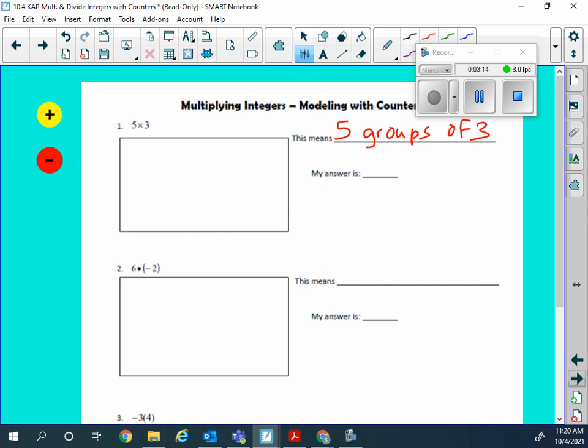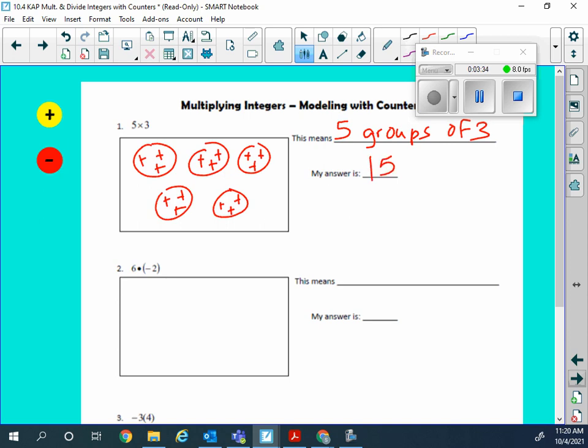If I'm writing, you're writing. So that would mean I have 5 groups of 3. And in your 3rd grade classroom, 5 groups of 3 would have been 15. Does everybody catch that?